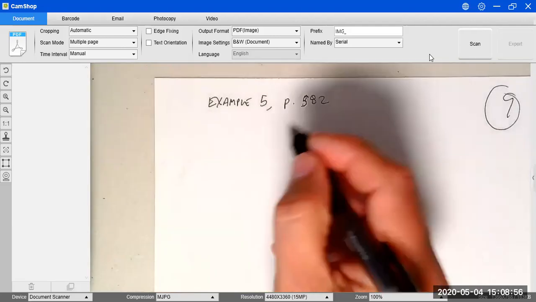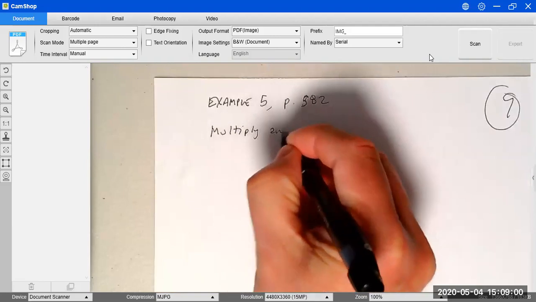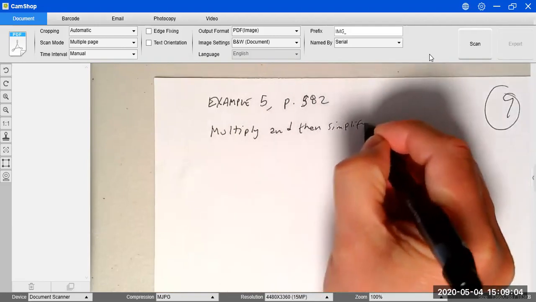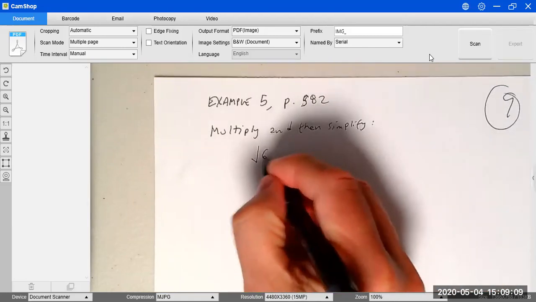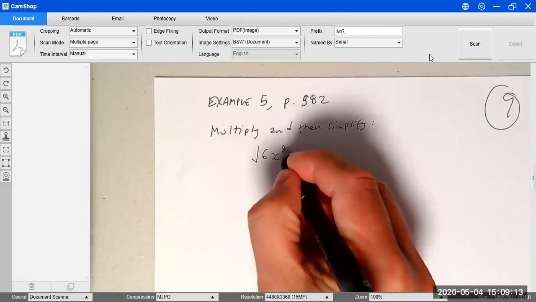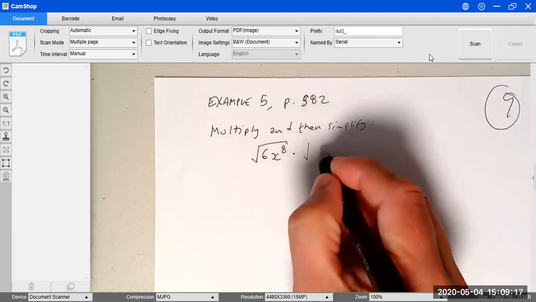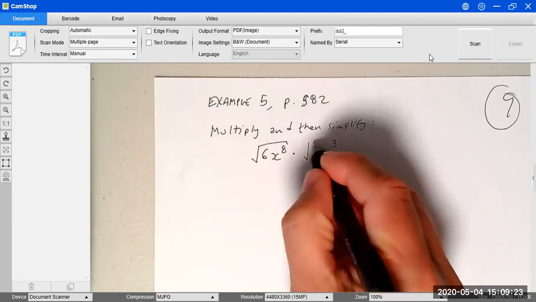We're going to multiply and then simplify. So we have the square root of 6x to the 8 that multiplies the square root of 2 times x to the third.